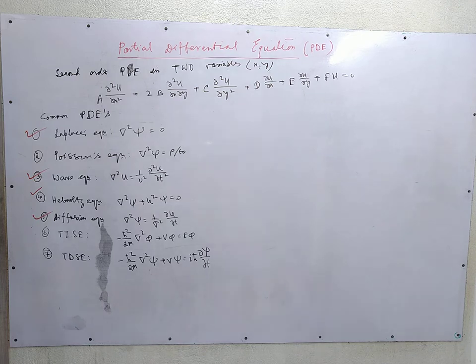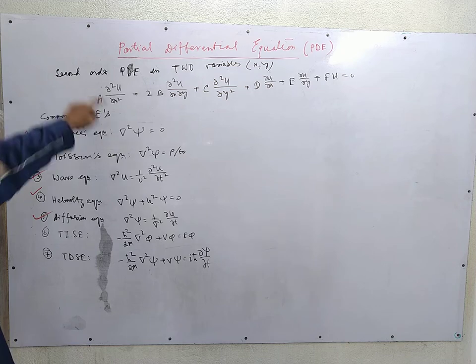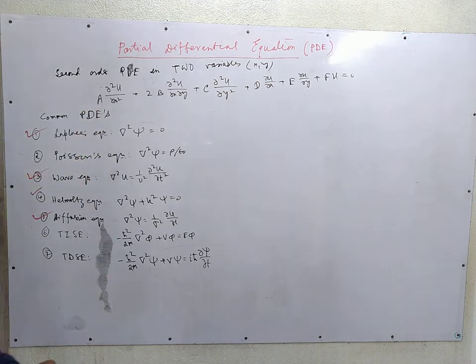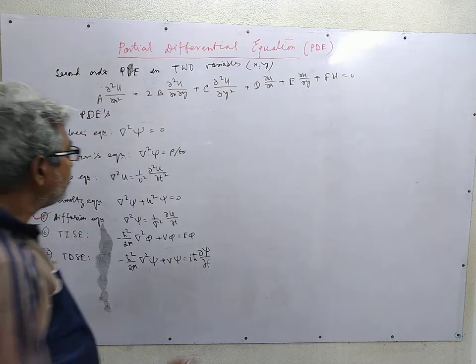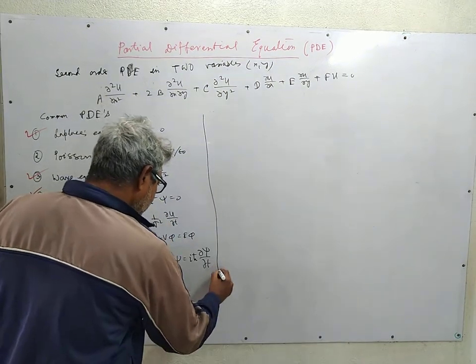Now we want to see the nature of the equation. This definition of partial differential equation holds only for partial differential equations involving two variables. So we will restrict ourselves to two variables only.